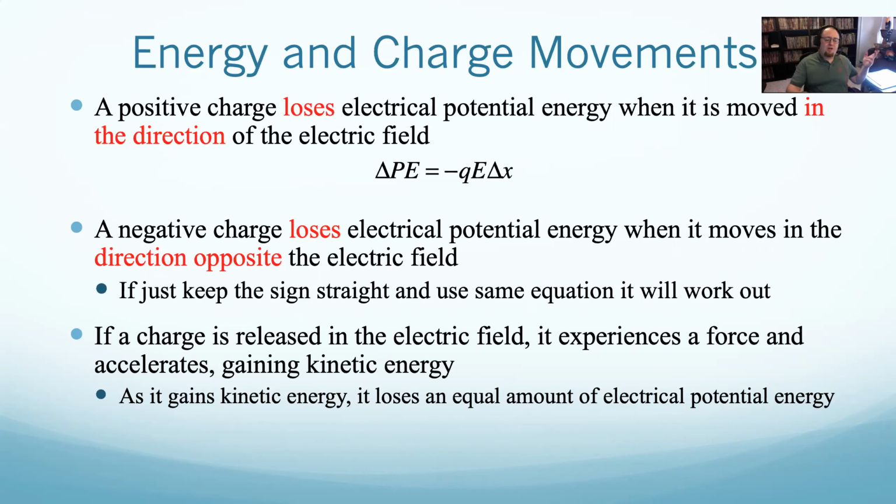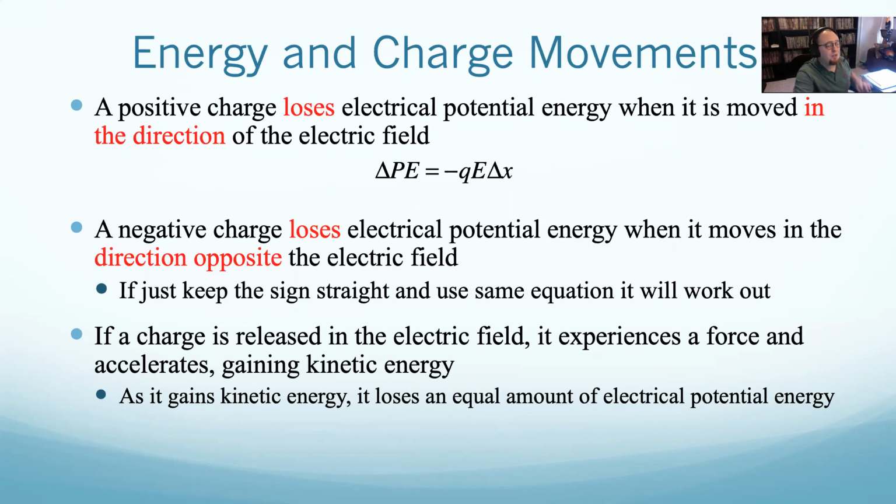But we know energy can't come and go from nowhere. Conservation of energy: if something is losing potential energy, it must be doing something else. And the idea is when these charged particles are moving in these electric fields, if they are decreasing potential energy, that means they're increasing kinetic energy.